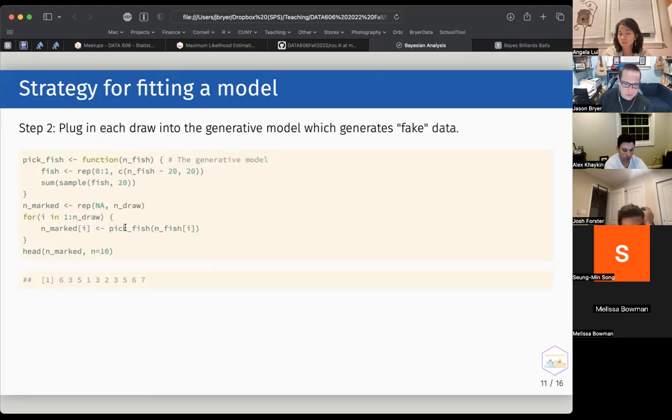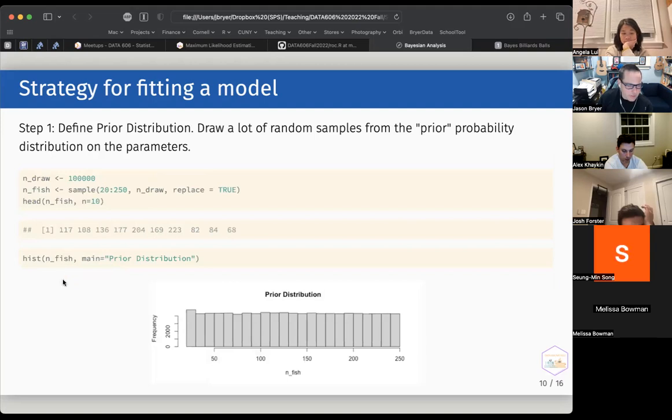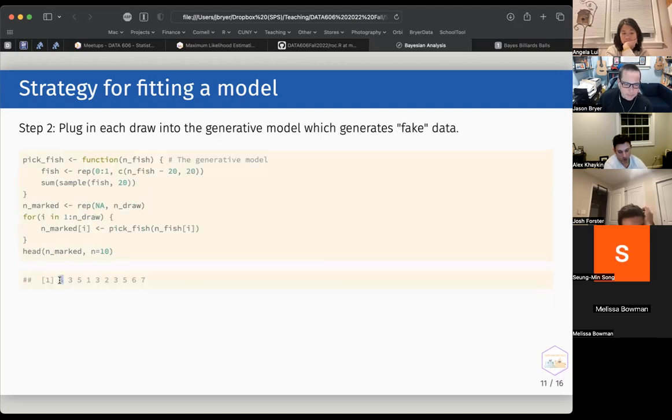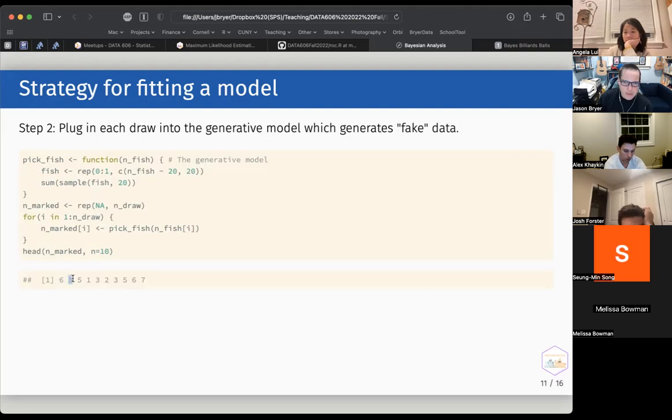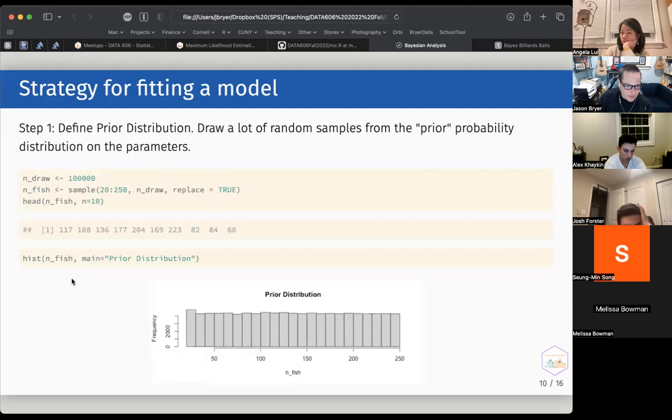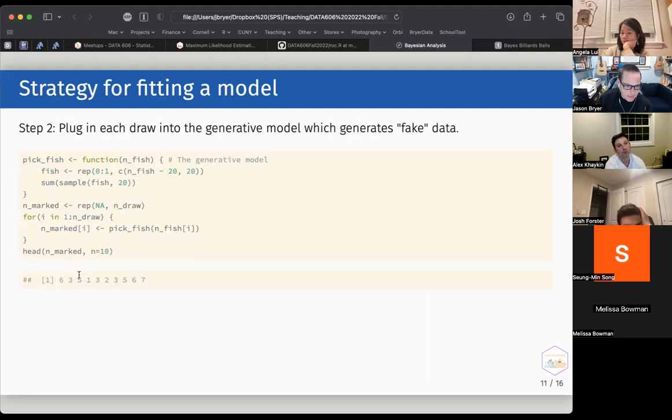This is all just generated randomly. If I look at the first 10 rows, with 117, I ended up with 6 marked. I guessed 108, 3 of them were marked on the second pick. Then I did 136 and I got 5. So I got a whole bunch of values.